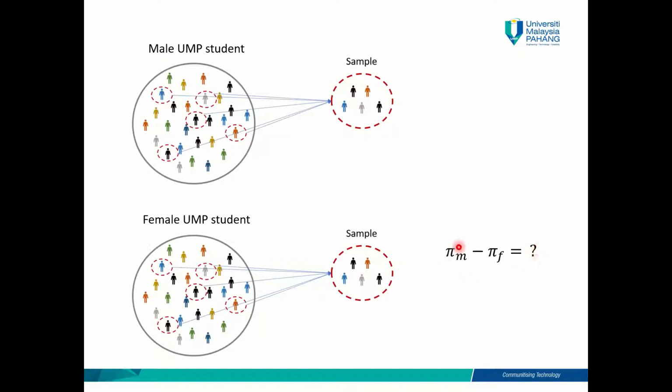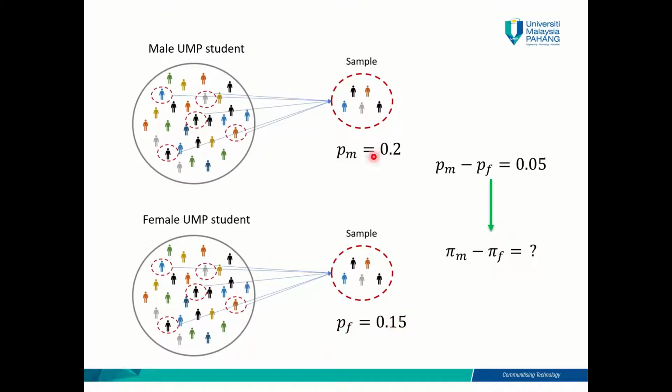To understand the differences between these two pi, I can collect sample information from both populations. For example, if I collect a sample from the male students, I get that P is 0.2, and for the female students, maybe P is 0.15.